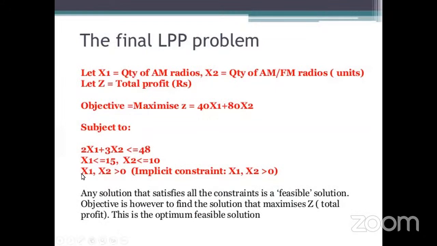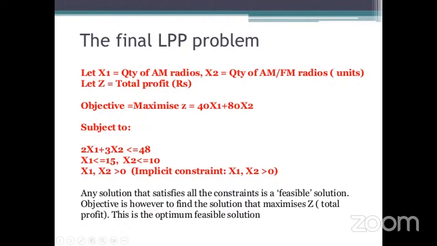Right. See, the variables means what? Nothing but our objective function here, maximize Z equals 40 x1 + 80 x2. This x1 and x2 are the variables which are decision variables, right? These decision variables should not be more than two.